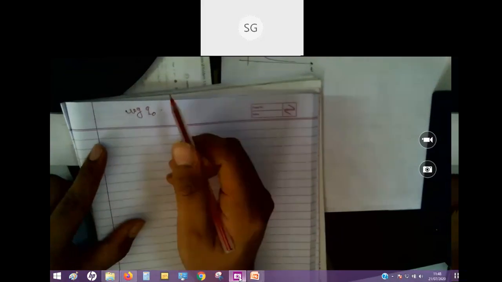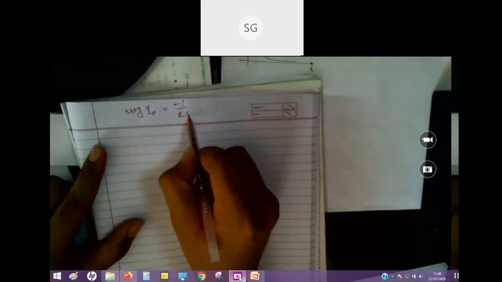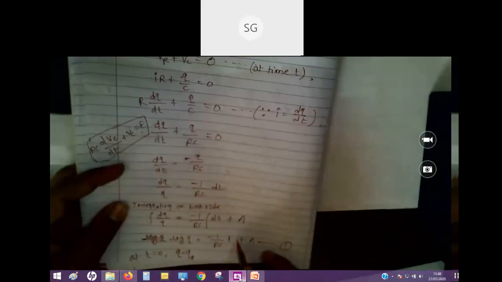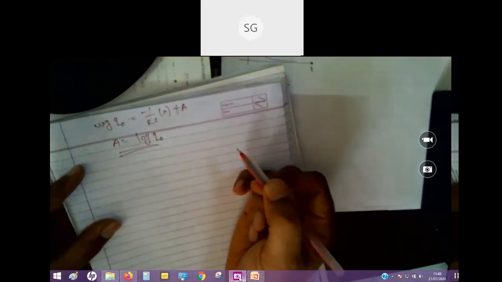Then why do we put initial conditions? So minus 1 upon RC, and t's value will be, since in equation 1 t was there, at t equal to 0 that term will become 0 plus a, so a will be log of q naught. This will be the value of a.